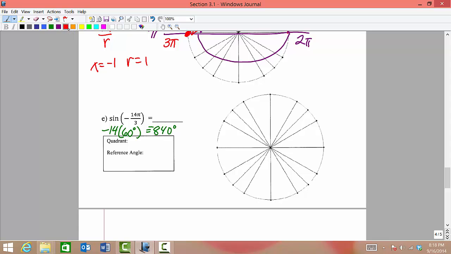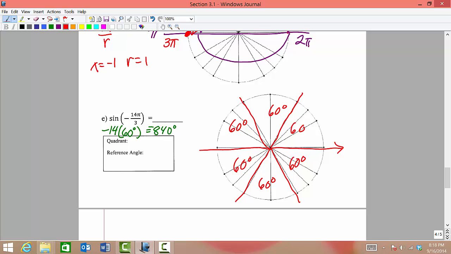So let's practice with that idea. We're going in the clockwise direction because we're negative. So we're going to start here at our initial side, and here is a 60-degree segment. So that's one of those. And here's 2 60-degree segments. And here's a third. And here would be a 4th, and a 5th, and here would be a 6th.